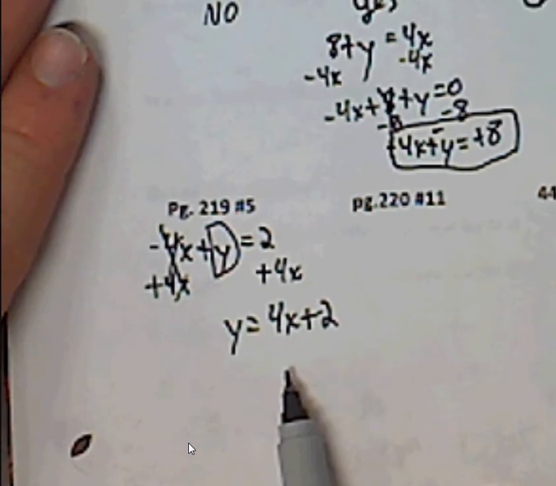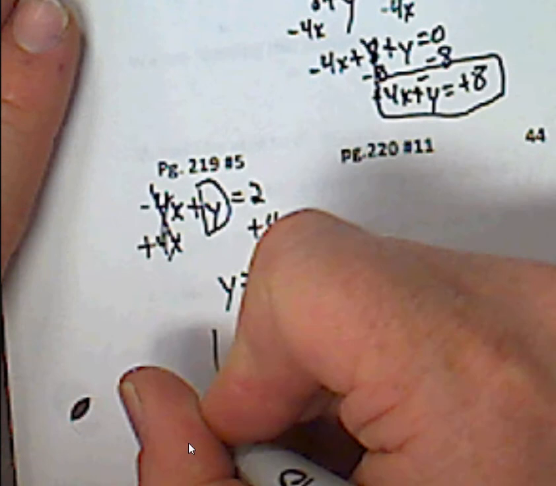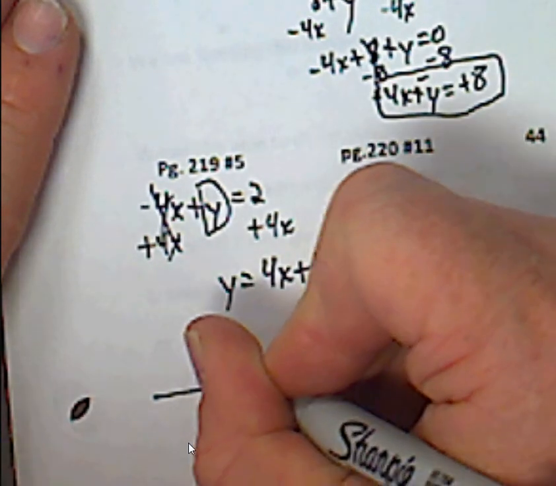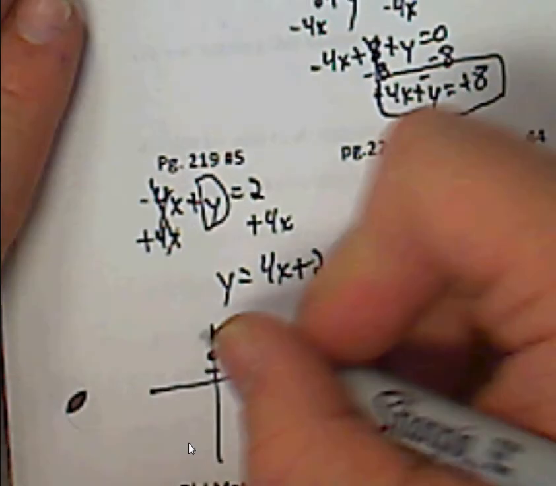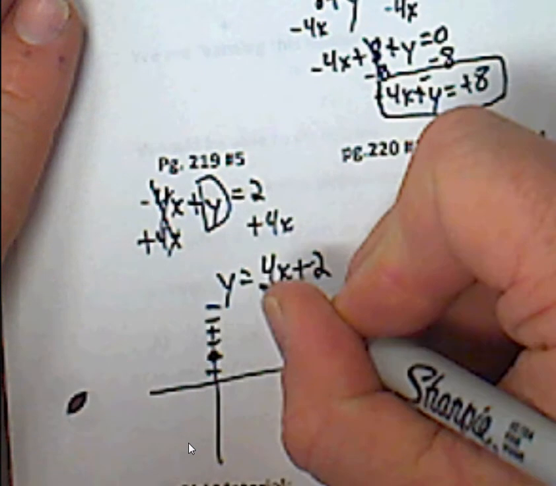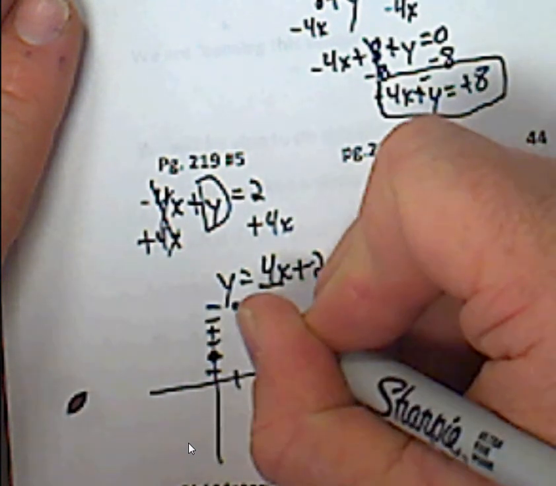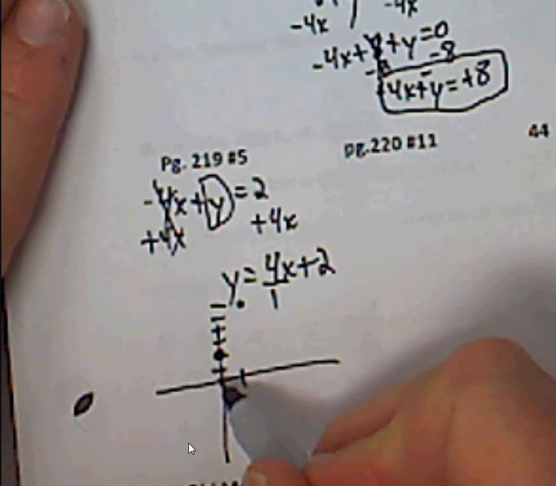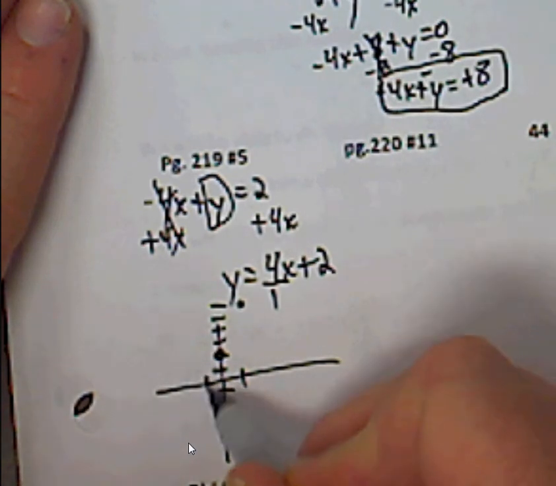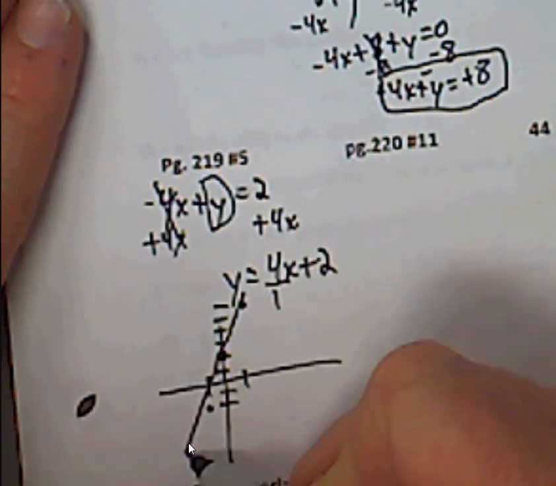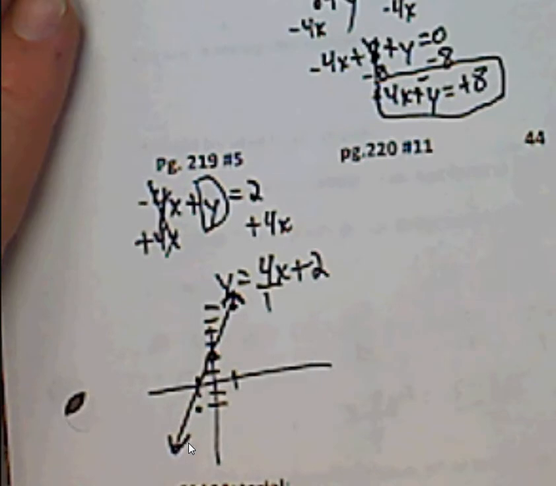This is super easy to graph. I start at 2 on my y-axis, I go up 1, 2, 3, 4, and I go over 1. I could go down 1, 2, 3, 4, go to the left 1. There is my line.